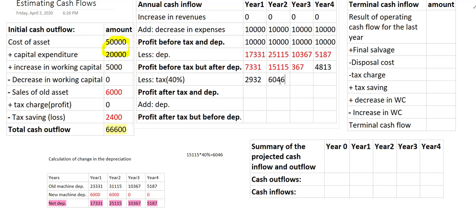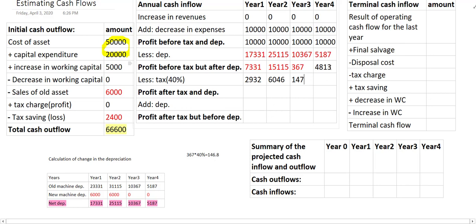We have to receive back from the government. And for the third year, 367, right? How much do we have to receive on this one? For this one, we have to receive 147. 147 we have to receive back from the government.